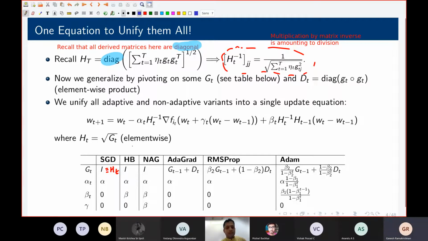W_{t+1} is W_t minus a constant alpha times the derivative of the loss with respect to just the i_t. i_t is either a simple index or a collection of indices with respect to which you seek the derivative. Beta_t is 0 and gamma is also 0. That's what stochastic gradient descent amounts to in this grand scheme.